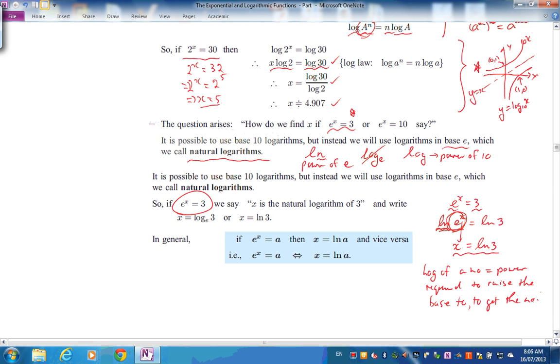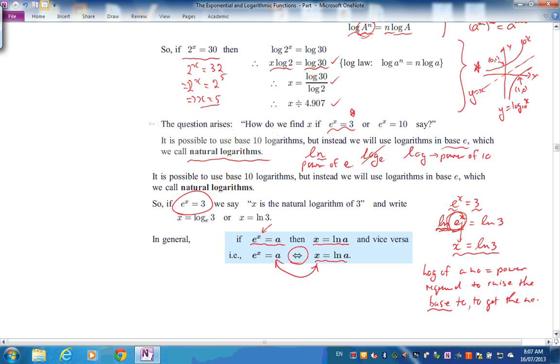Doesn't matter what the base is, it could be base 10 or now base e. So we're going to say if e to the x equals a, then x equals ln a, because x is the power of e required to get a. Okay, so that's important, and it's a double implication sign here, so it means if I give you this, you should be able to say that, and vice versa.